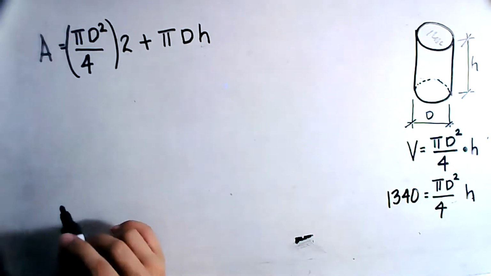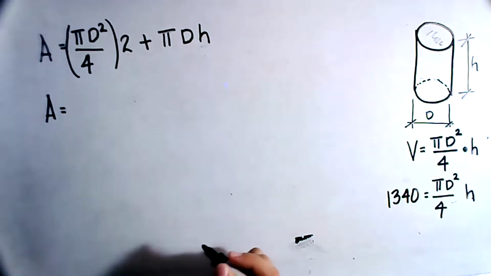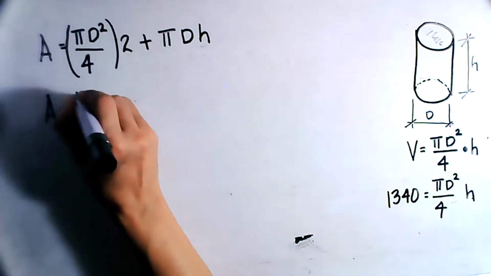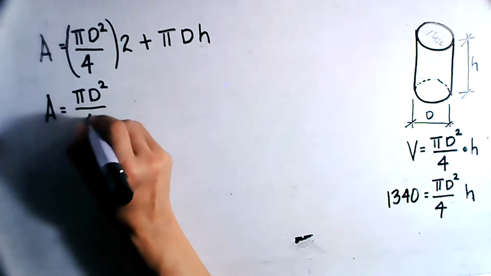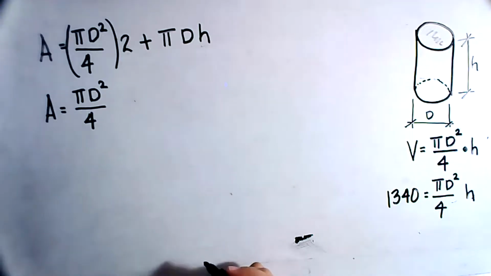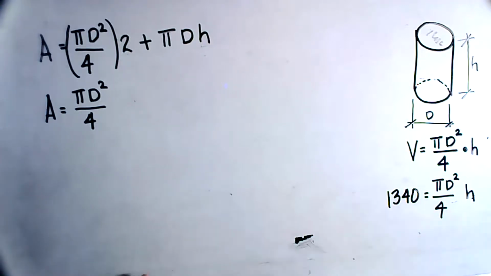So that means you have A, or area, is simply equal to 2 times pi d squared over 4, because we have not yet determined the value of the diameter.